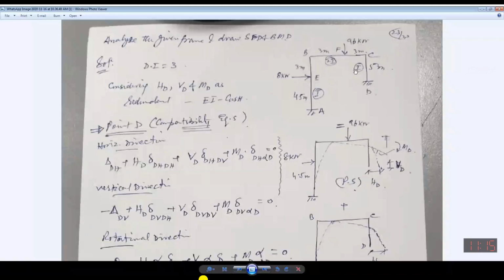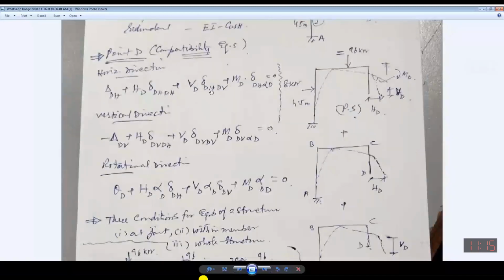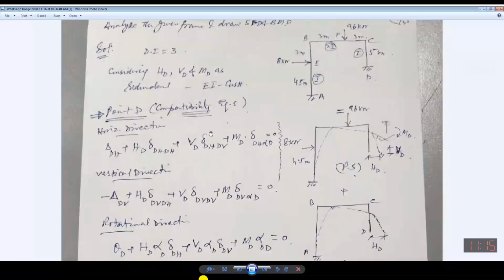Yes, sir. So considering the compatibility conditions, because all these three forces, horizontal, vertical, and the moment, are acting at joint D simultaneously, we will be segregating their effect.